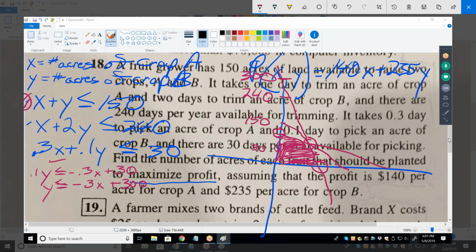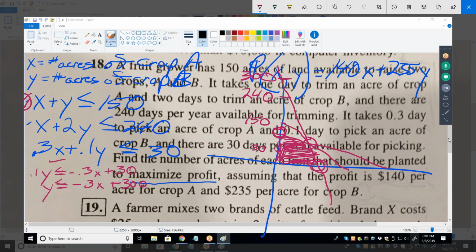And that usually is the answer. It's almost never the origin, and it's not usually one of these x coordinates and y coordinates. But let's just plug in the x and y coordinate.